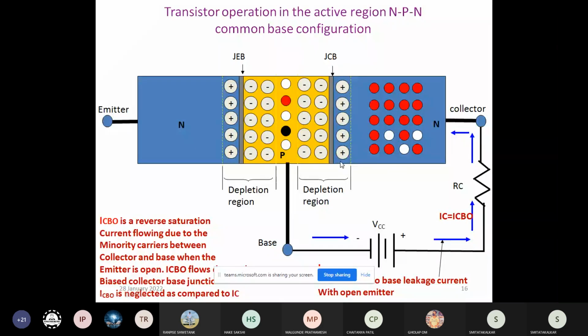That's why both the junctions go to reverse bias, because the transistor goes to the saturation region.